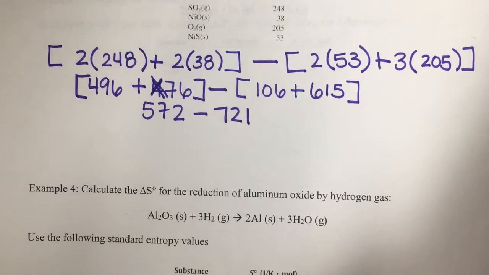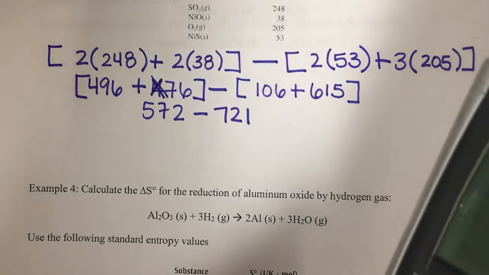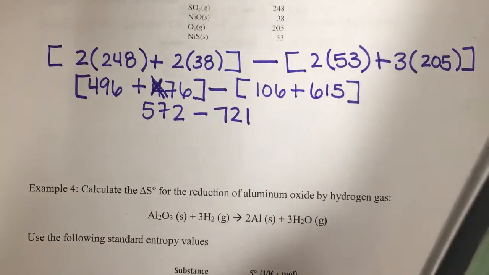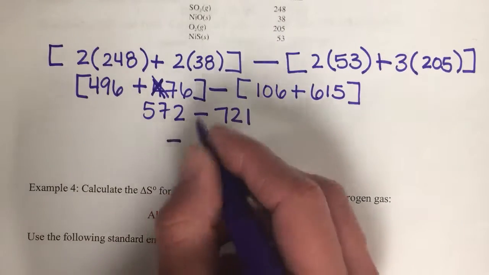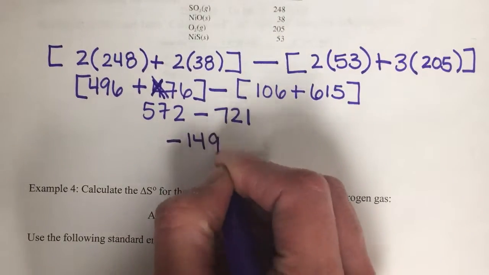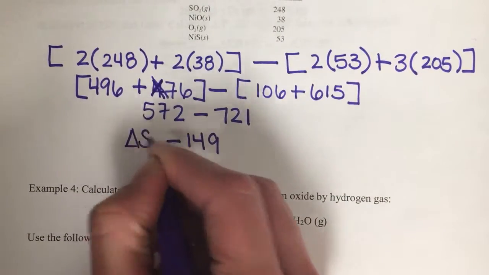So 572 minus 721, and I get that that's negative 149 for my delta S.